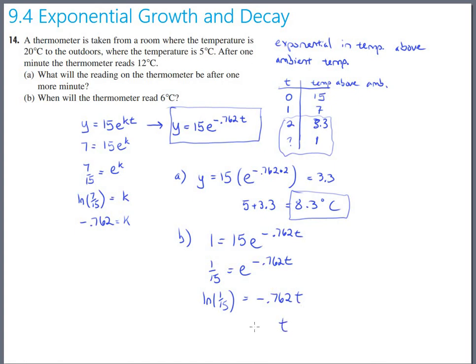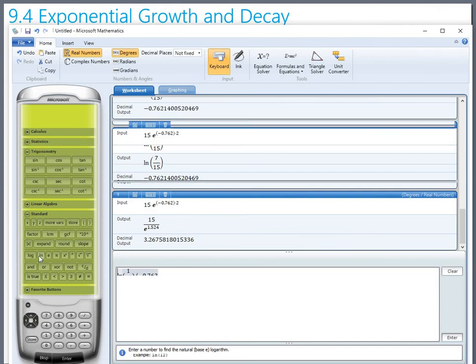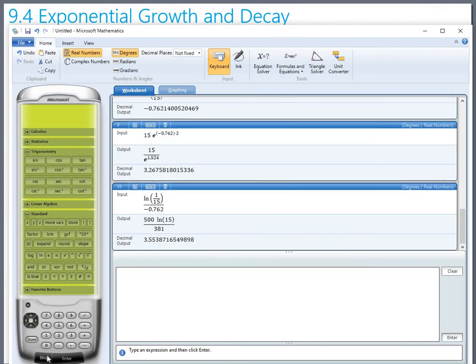And the time will be natural log of 1/15 divided by that negative 0.762, so we can crunch that. Make sure that looks right, which it does.